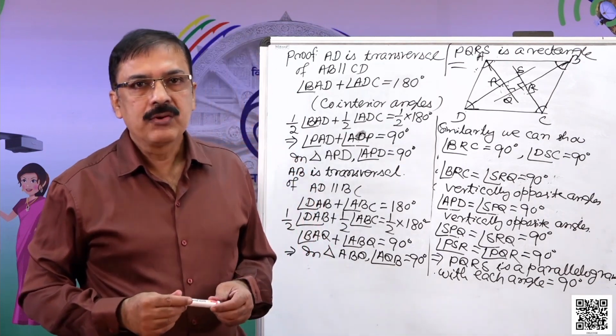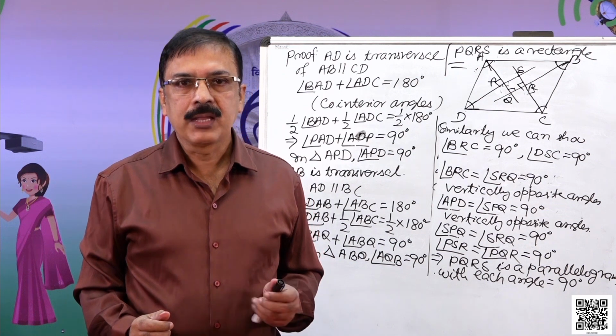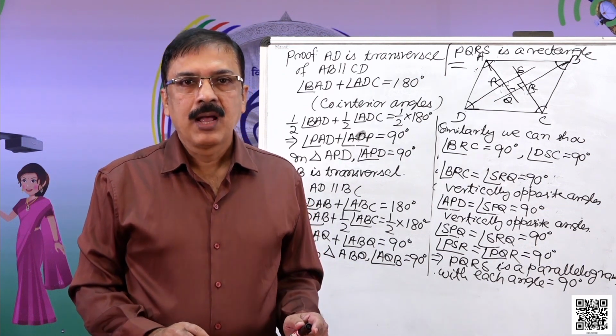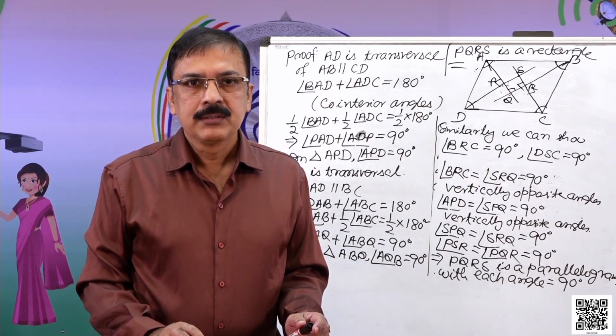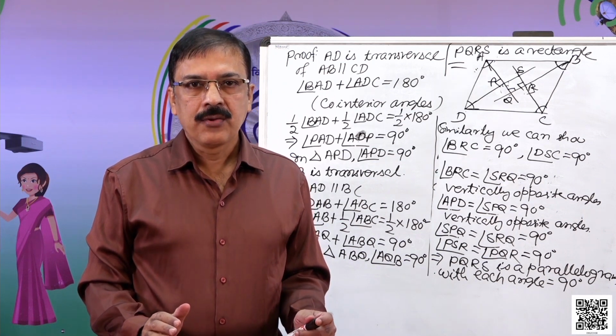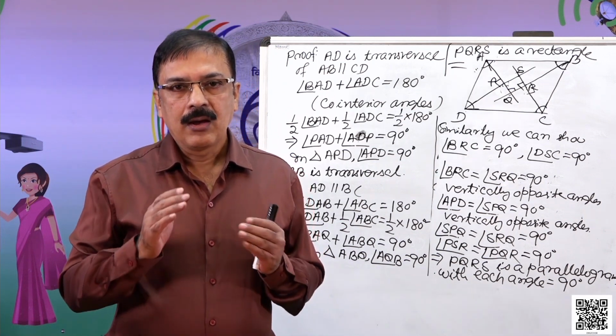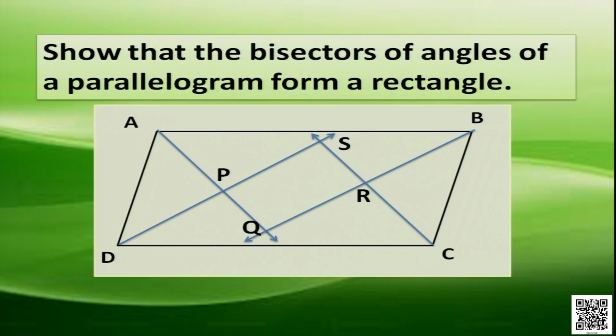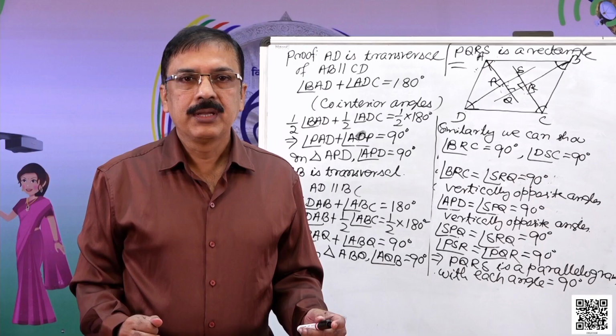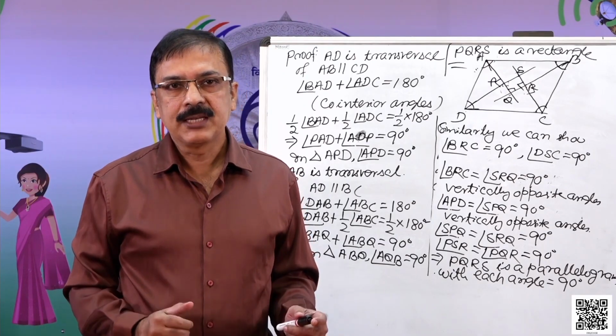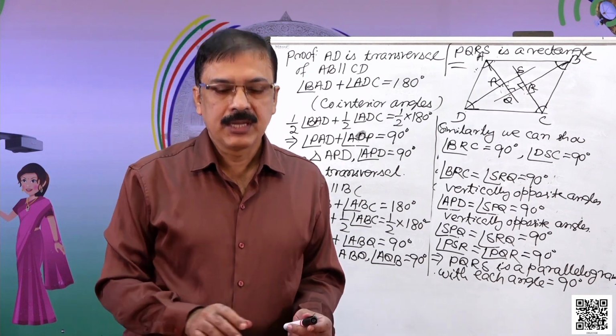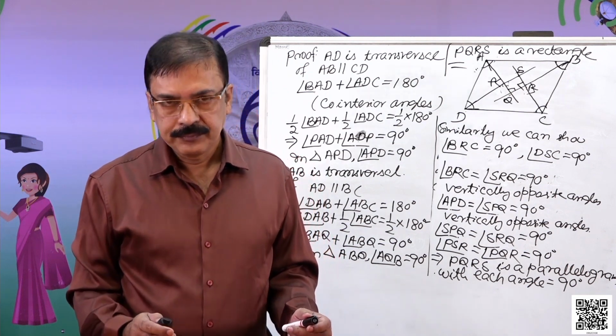So by using the angle sum property, we proved another example, that is by using the opposite angle property of a parallelogram, we proved another question. Let's see another question.